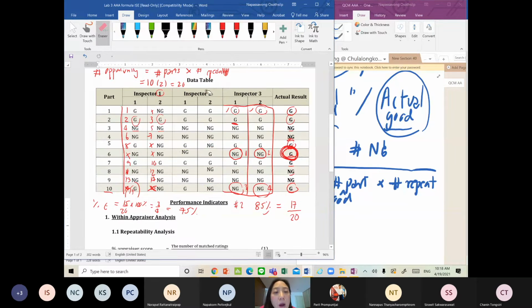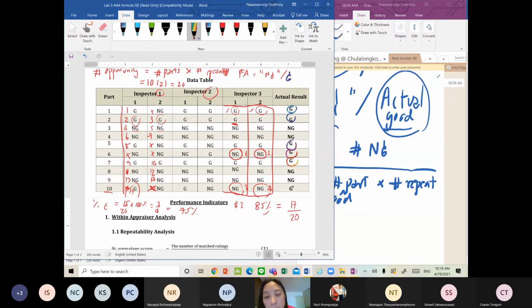Note that a false alarm tells NG, given that the actual result is G. So it applies only in the case when the parts are G, which is this one, this one, this one, this one, this one, and this one.